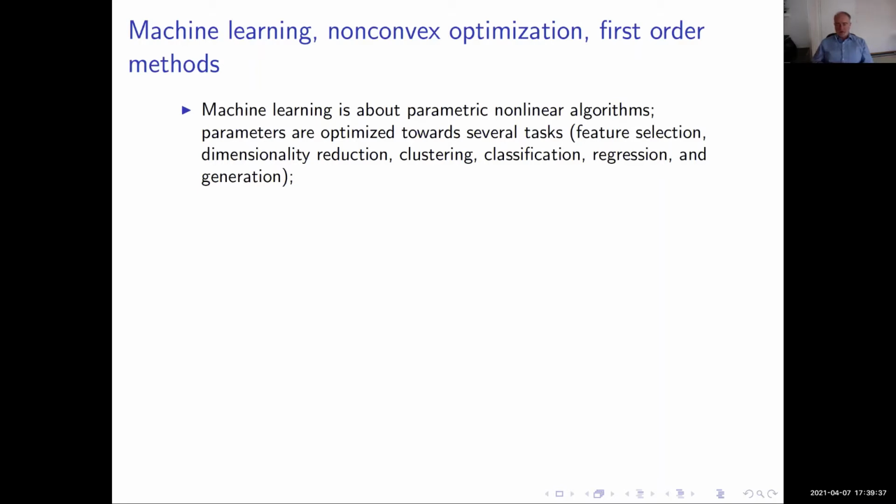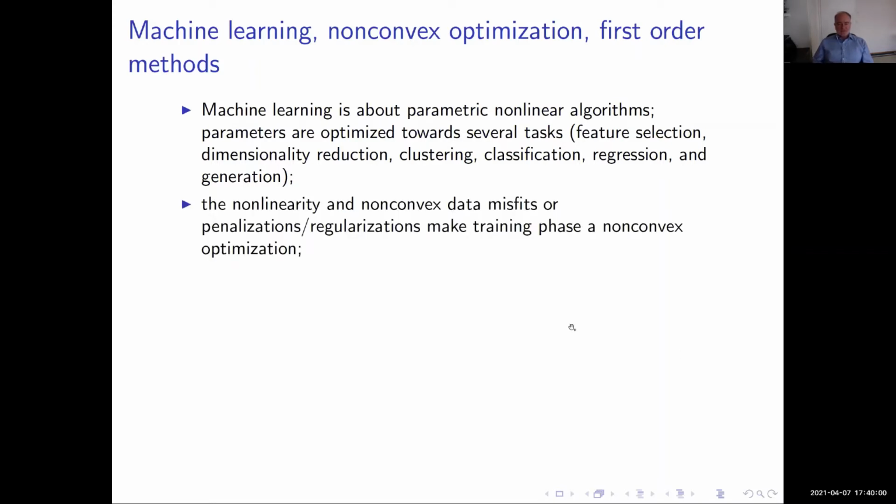Among them are feature selection from the data, dimensionality reduction of the data, clustering, classification, regression, or even generation of new types of data that fit the statistics of the data that are already seen.